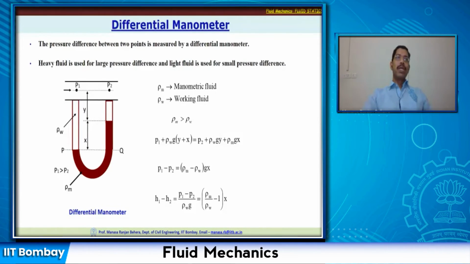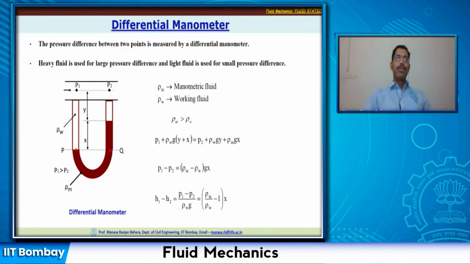So we can measure the difference in this level, from this point P Q to this line. So X is that difference, and by taking that, we can find out the pressure difference. So if you want to find out the pressure difference P1 minus P2, first we can find out the pressure at this location and at this location.